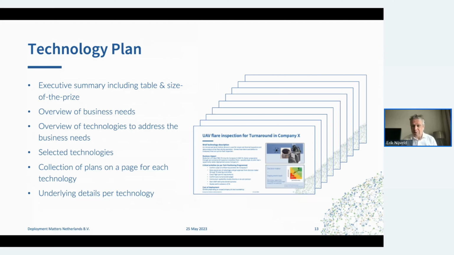It's also important to include an overview of the business needs, the technologies that can address the business needs, which technologies have been selected, and then the collection of plans for each technology. And of course, also the underlying details per technology.